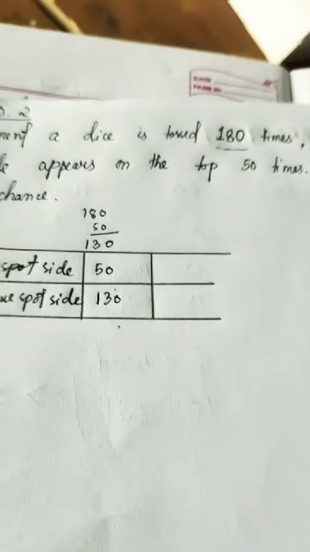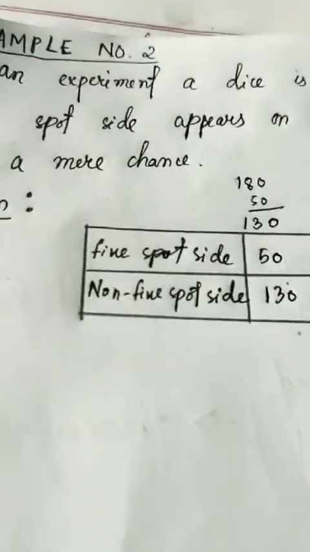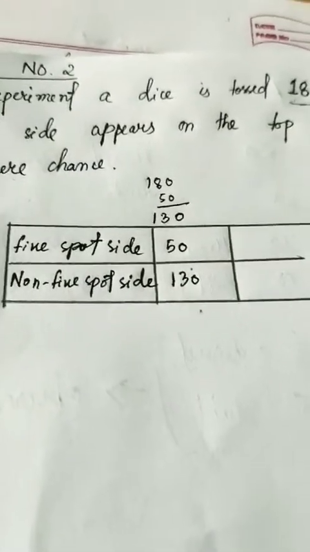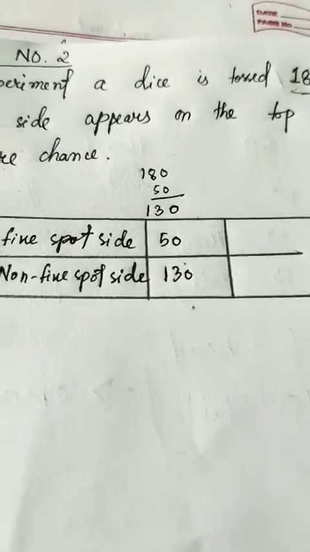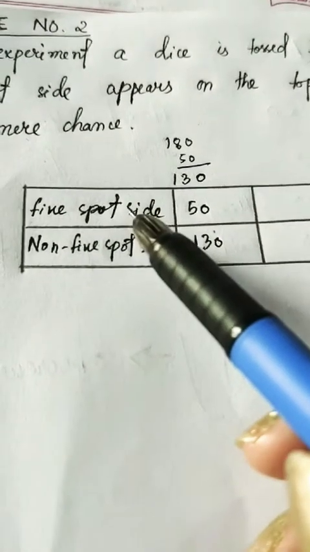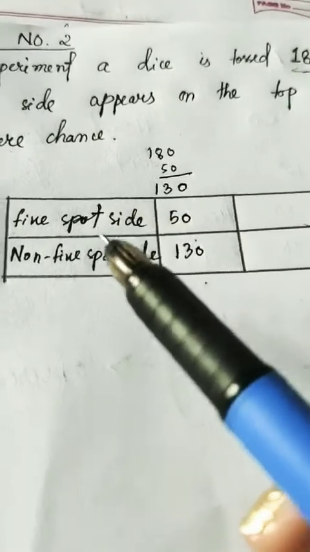So from this we can also see the row and the column of the question, which will be important in finding the degree of freedom. So here there are 2 rows and 2 columns.